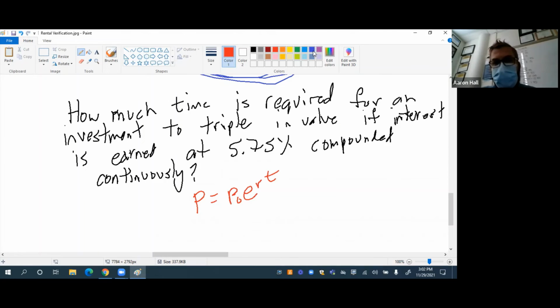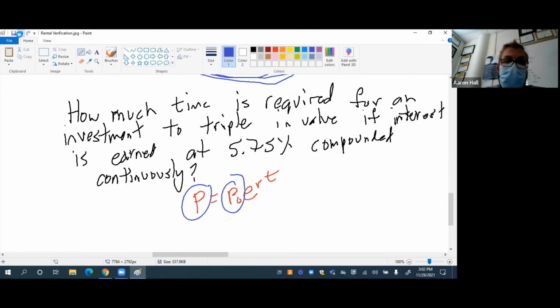Are you guys stuck? Does it matter what these values are here? Kind of. If I'm worried about tripling, make something up. If you want to solve for that, wouldn't you do P times 3 to represent it tripling? Yeah, if we took this divided by this, we should get 3.